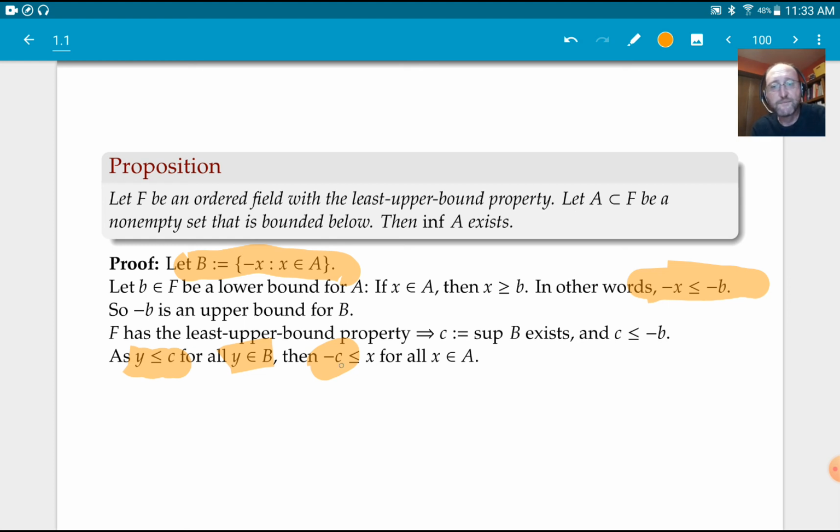That means that minus C is a lower bound for A.